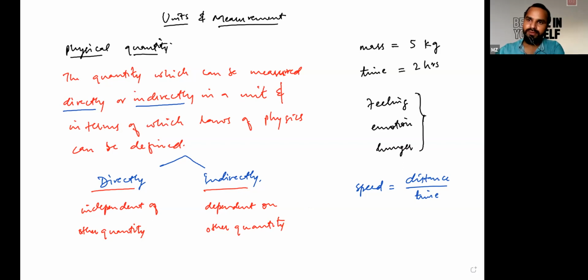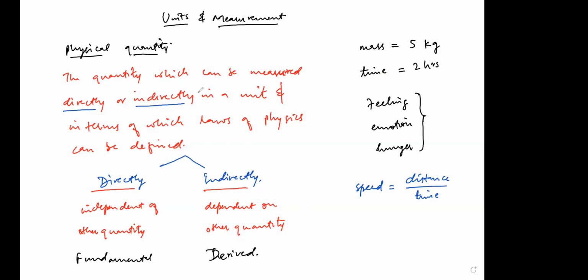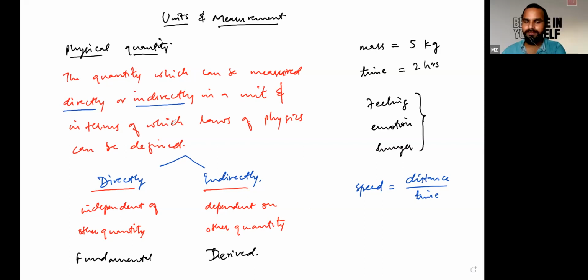So in physics, we call directly measurable quantities fundamental quantities, and indirectly measurable quantities derived quantities. Is it clear? Yes, sir. Okay, just write it down, or you may take a screenshot.